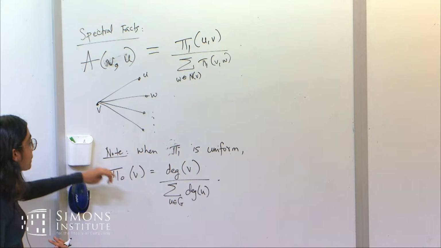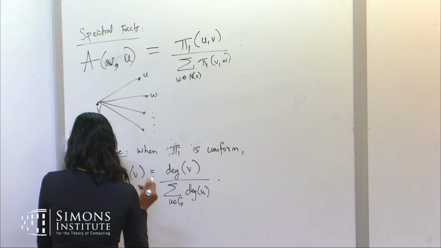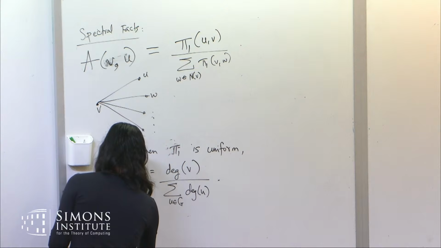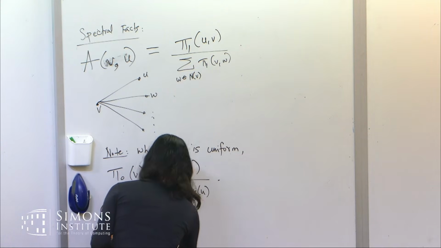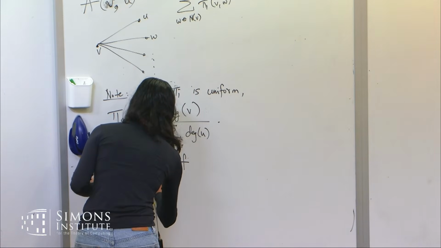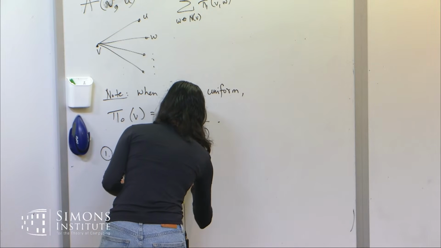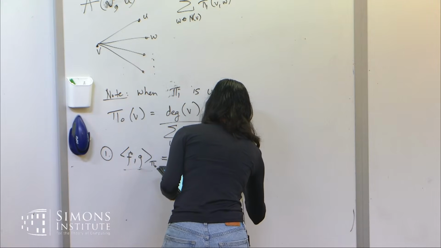Okay, and now with respect to pi 0, we can define the spectrum. What that means is we first define an inner product with respect to pi 0. So f dot g with respect to pi 0 is just equal to the summation over u in the vertices of pi 0 of u, f of u, g of u.